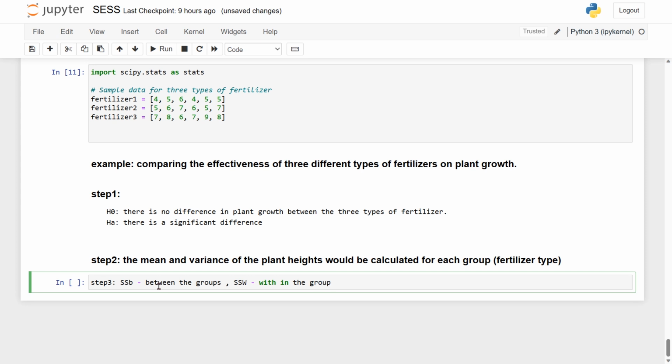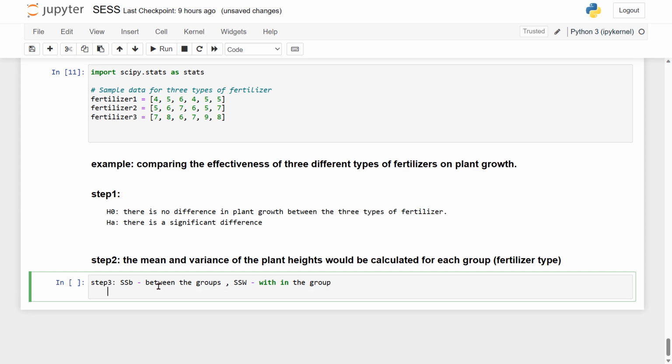The between group variance is calculated as the sum of the squared differences between the group means and the overall mean of all plants. That's your SSB. SSB is the sum of the squared differences between the group means and the overall mean, that's the dataset mean of all plants.